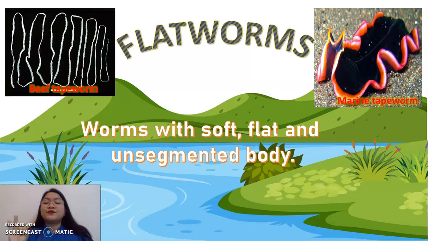Very good. So roundworms are unsegmented worms. So what is the difference between roundworms and flatworms? Very good. So by the name itself, round meaning their body is round and flatworm meaning their body is flat.